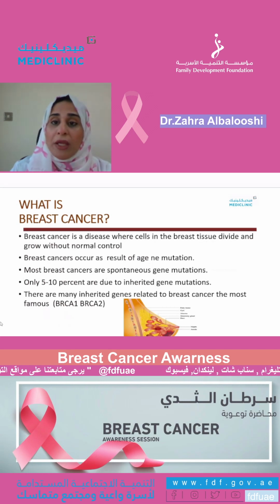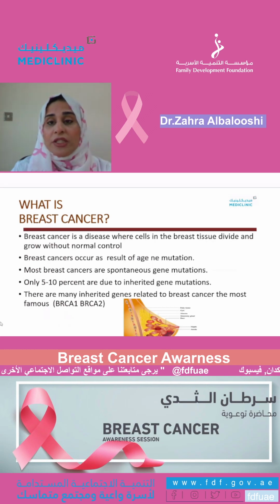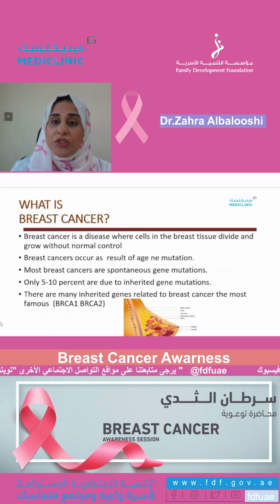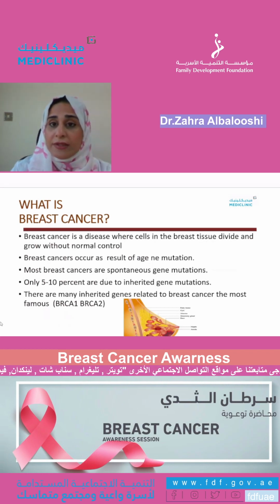There are two main genes that sometimes you see doctors mentioning during the examination or your investigation, or when they are asking about your family history. They might ask you, has any of your family been tested for BRCA1 or BRCA2? Or have you ever had ovarian cancer? سرطان المبايض.